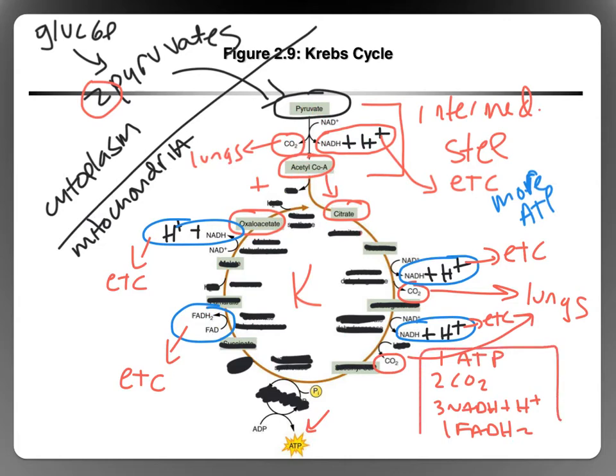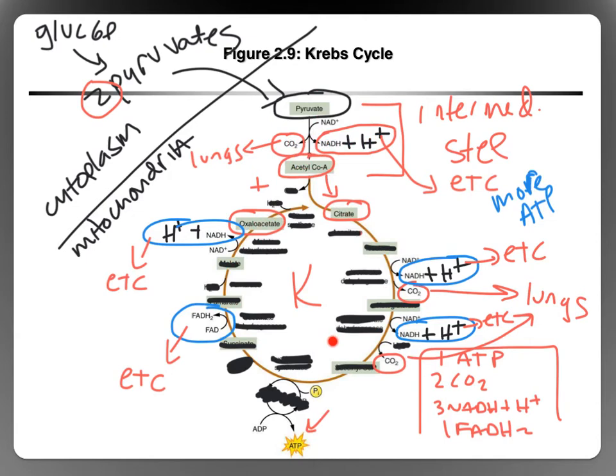Okay, so we've sent one pyruvate molecule through the intermediate step. We ended up with acetyl-CoA. In the intermediate step, we get 1 NADH plus H+, which goes to electron transport. We get 1 CO2, which goes to the lungs. Now we go into the Krebs cycle. The oxaloacetate combines with acetyl-CoA, forming citrate, which starts the cycle.